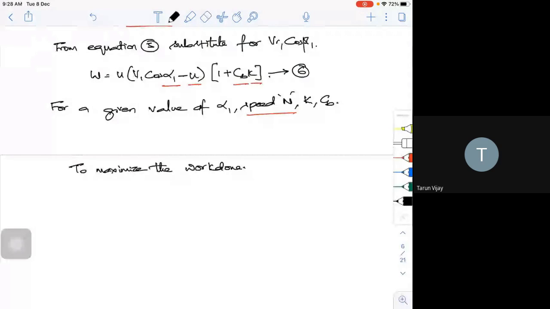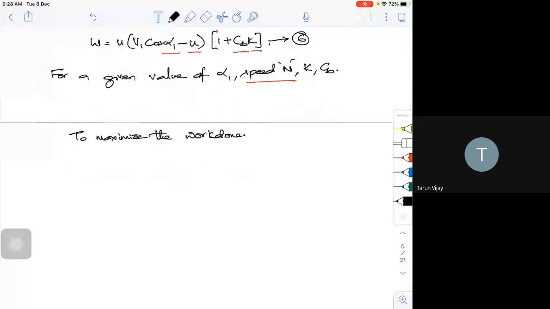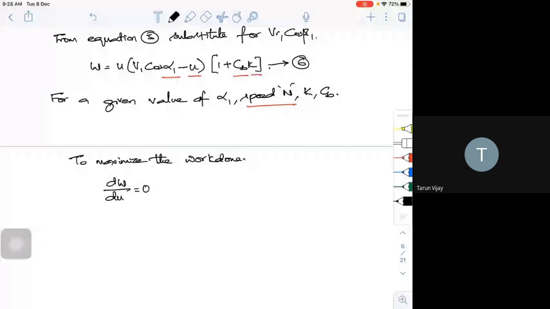So if I want to maximize my work, I will take this equation 6, that is dW by dU, and equate it to 0. The other quantity will become 0 if I take it to the denominator. So d by dU of U into V1 cos alpha 1 minus U square.